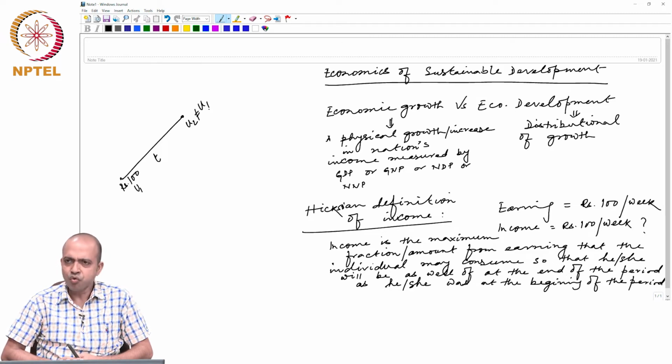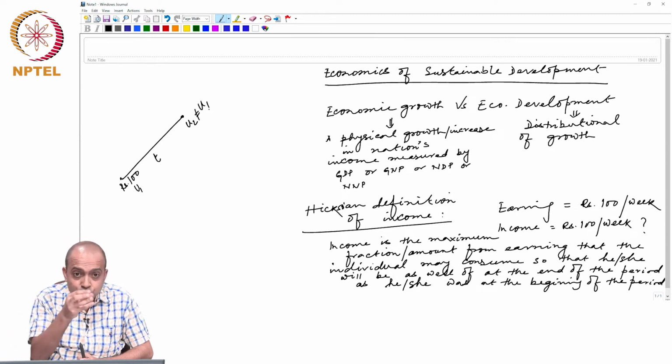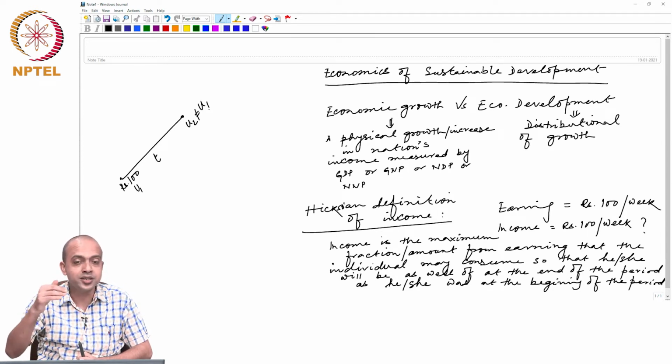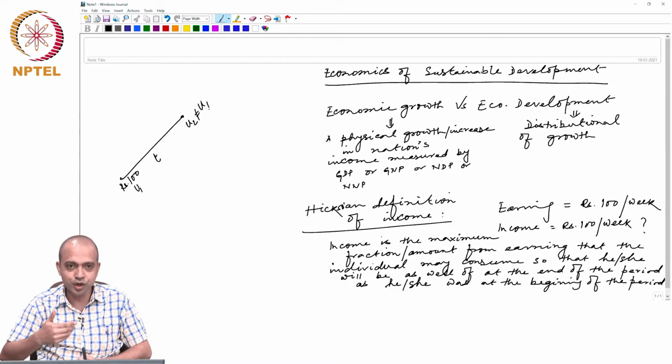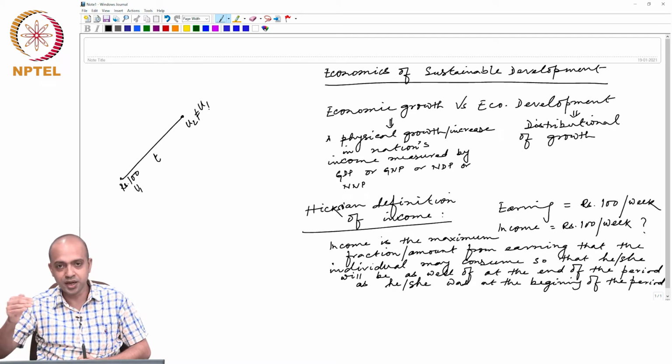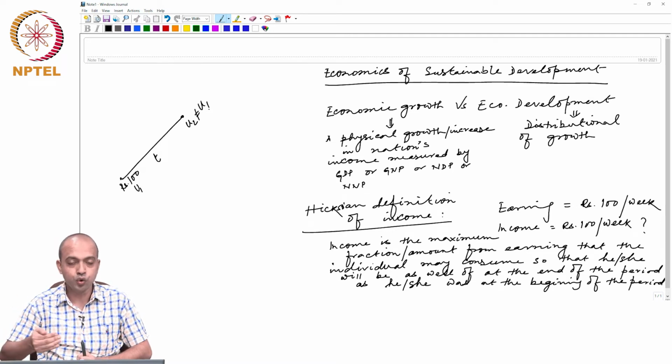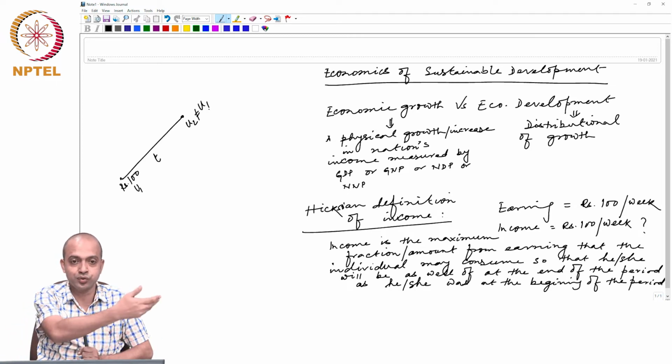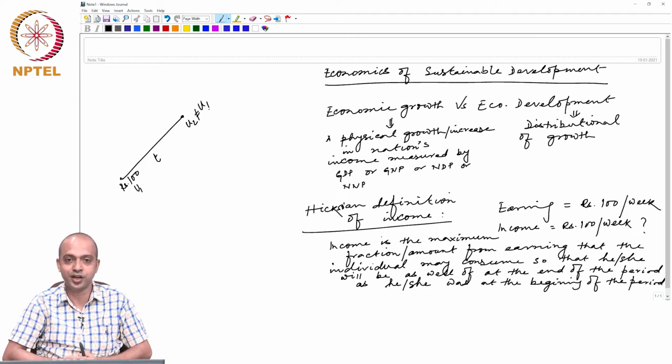So, every individual must ensure that a fraction of our earning is invested somewhere, so that that investment generates future income, so that at the end of the period also we will enjoy that much benefit that we were enjoying at the beginning of the period.